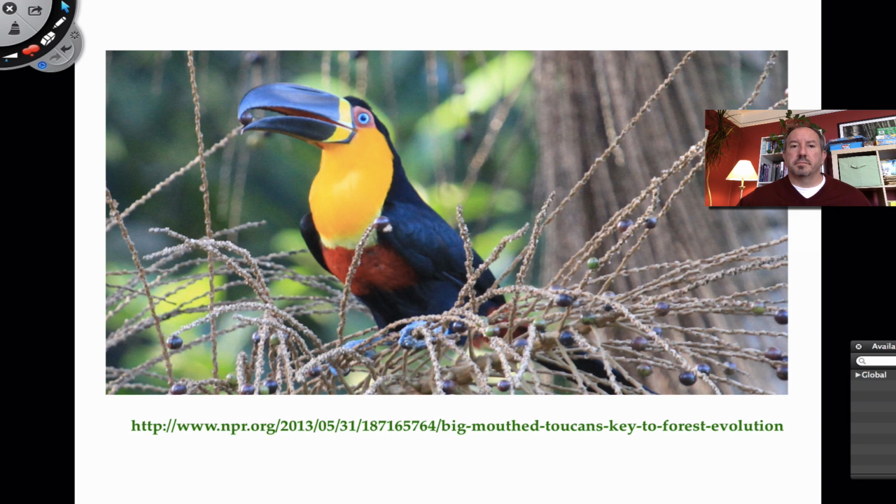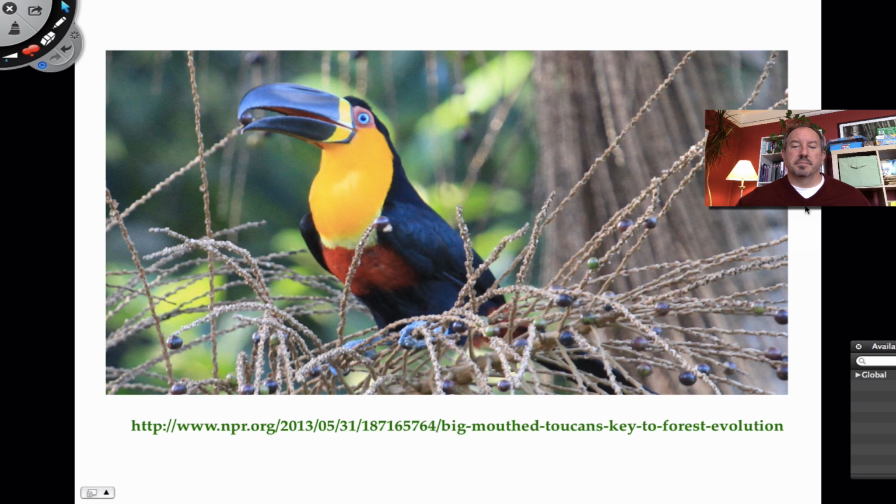He says toucans play a big part in this reproductive process. These large birds, they have an extremely important role in the forest, not only because they disperse seeds, but because they disperse large seeds. The largest palm seeds, some the size of marbles, are too big for most birds to eat, except for those big-mouthed toucans.